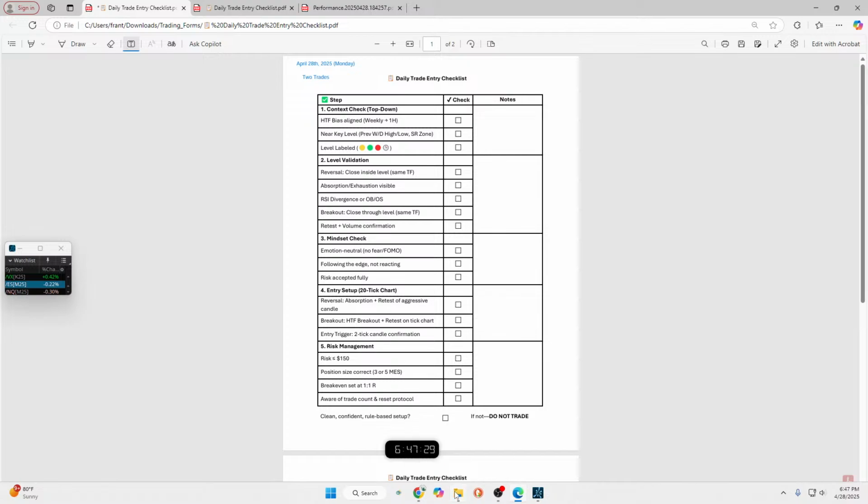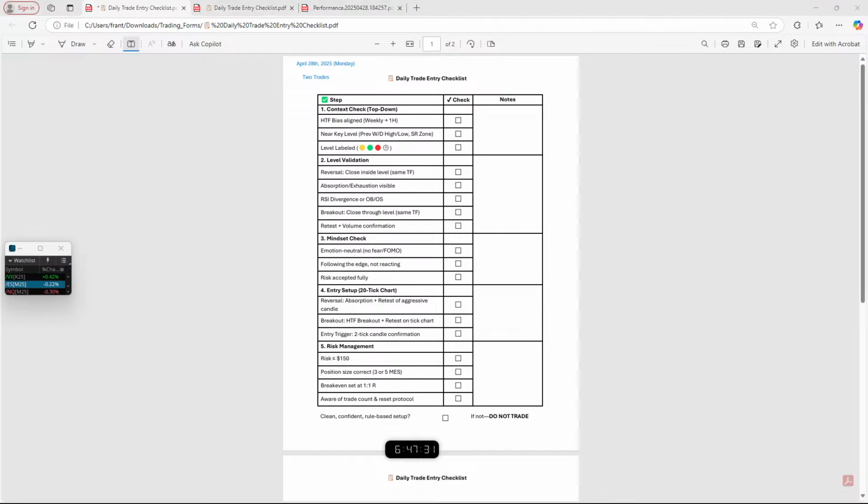What were those trades? There were breakouts. Breakout retest.